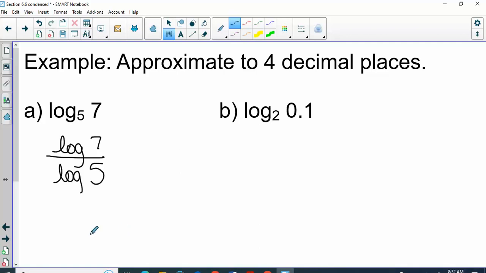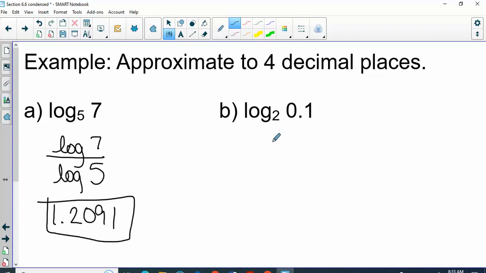That's all the work you have to show, then you go to your calculator. Log 7 divided by log 5. We get 1.2091. It's not so bad.